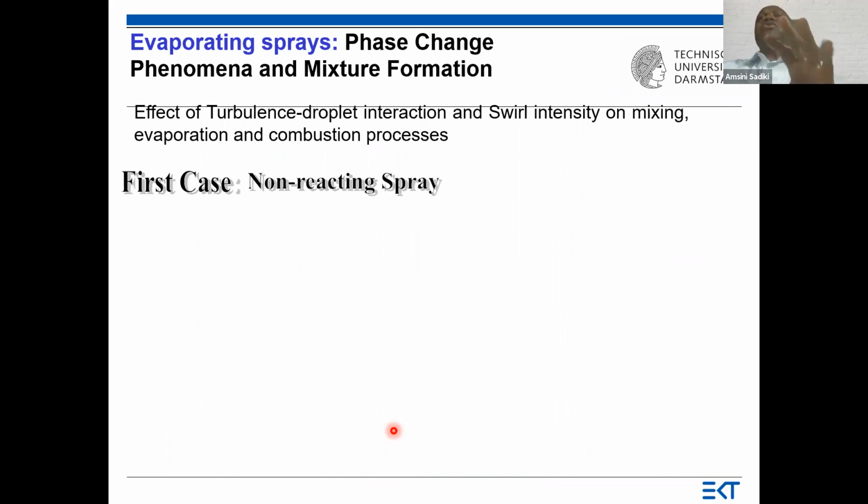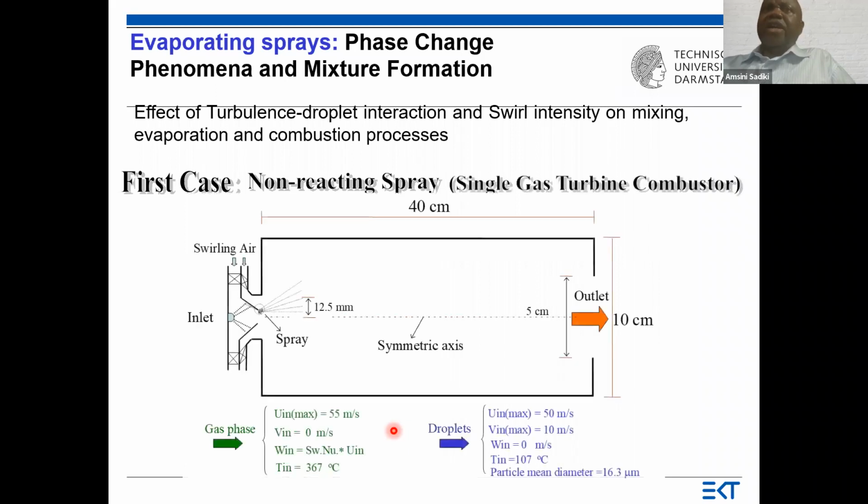Here we will now try to quantify this mixture formation correctly. And the first case was to account for a non-reacting spray. This configuration corresponds to an experimentally investigated configuration in Karlsruhe. We have our nozzle, which we discussed, I think it was yesterday, as we introduced different sprays.